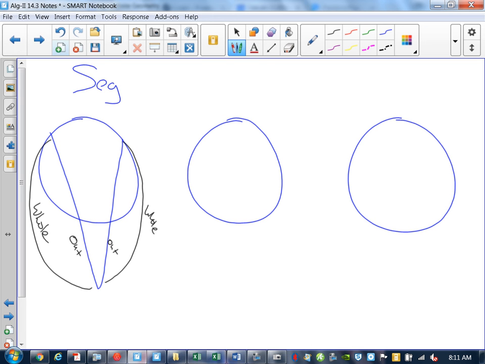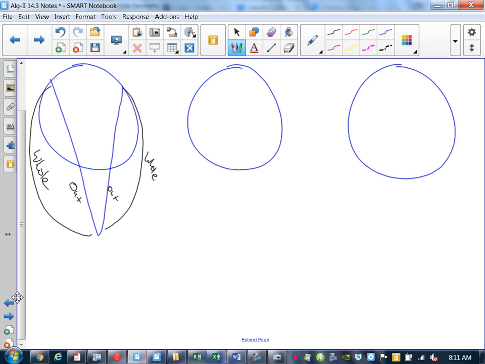Where if the segments meet outside, that was your outside times the whole, equals outside times the whole. If they met inside, what do we write that as?